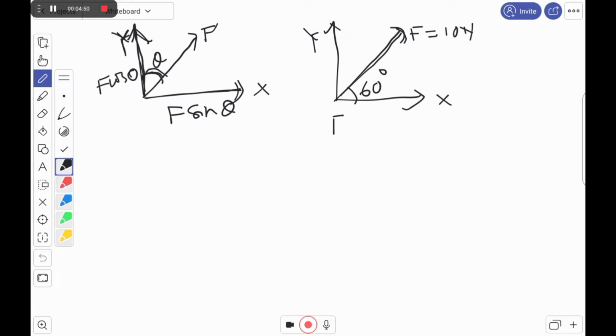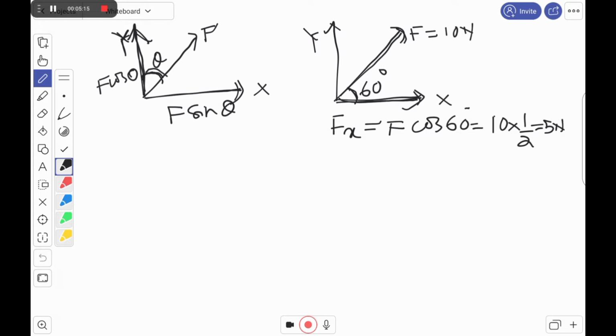So we can write Fx, that is the component in x direction, will be how much? This is 60 degree and this line is adjacent to 60 degree. So we can now write F cos 60. What is cos 60, children? F is 10, cos 60 is half, so it is 5 Newton now.